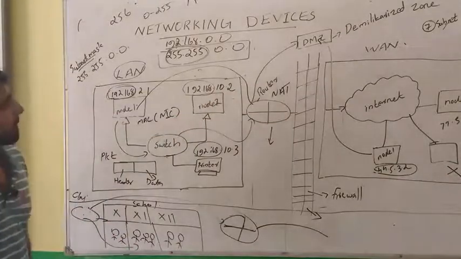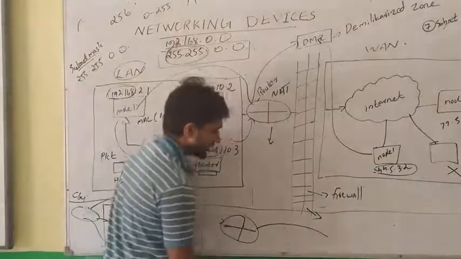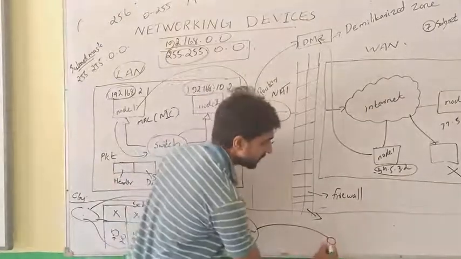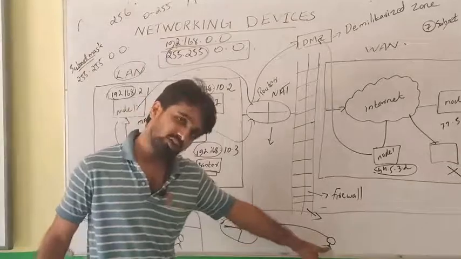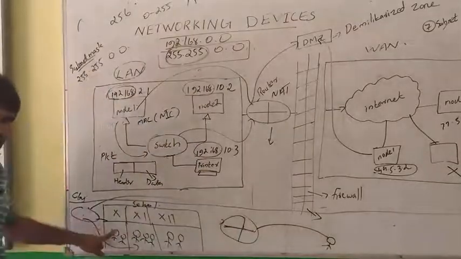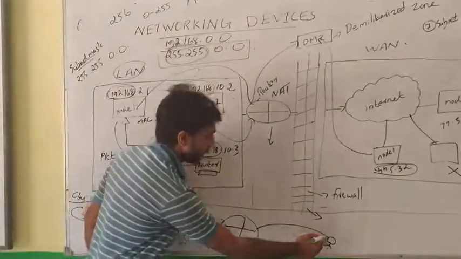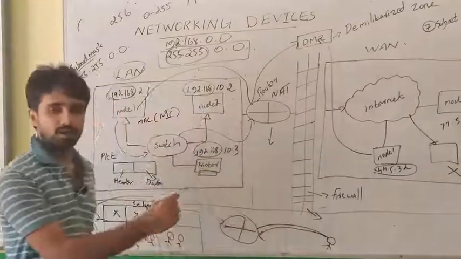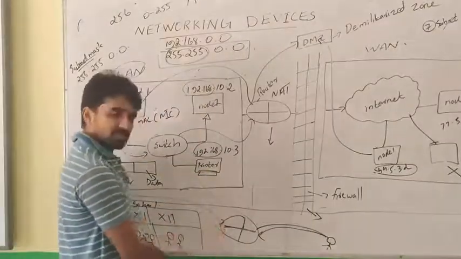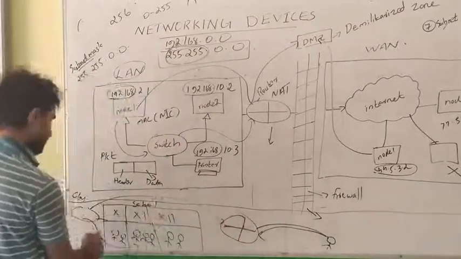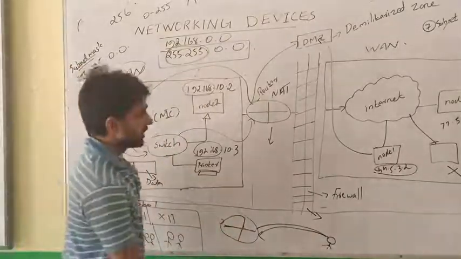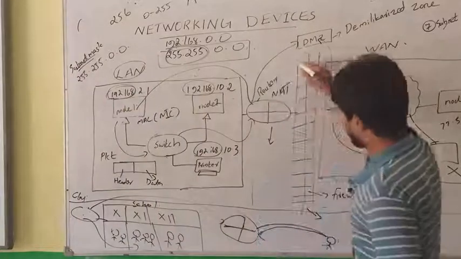Another thing: if any outside person wants to visit any student inside this school, first he should come to meet the principal. Only if the principal allows can he see the student. Look, it is the same here; the router acts as a firewall also.